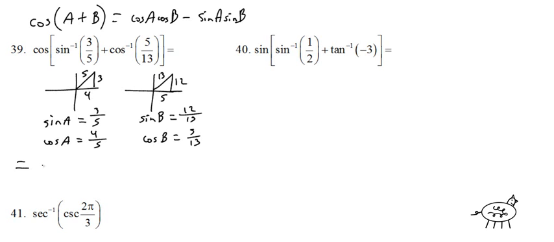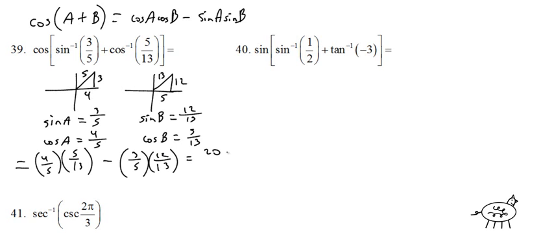That's equal to cosine A, which is 4/5, cosine B, 5/13, minus sine A, 3/5, sine B, 12/13. So that gives me 20 minus 36 over 65, and 20 minus 36 is negative 16 over 65, and that's your answer.